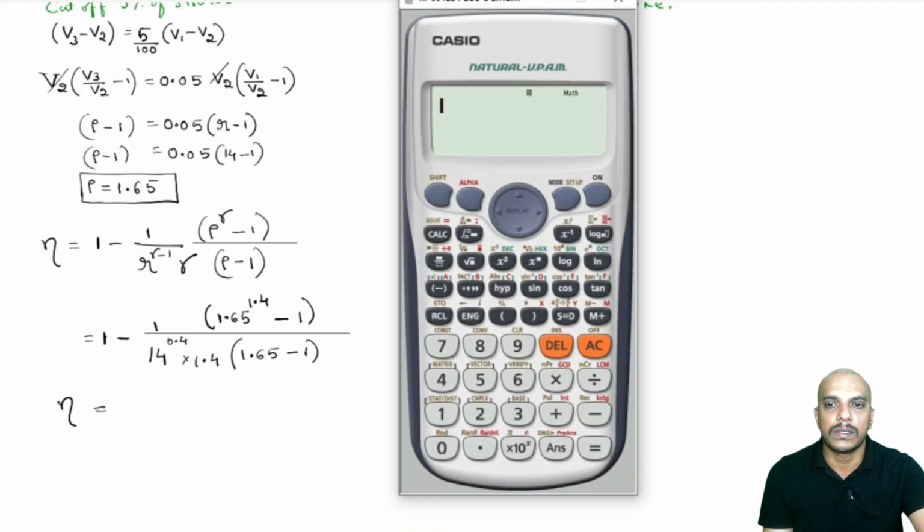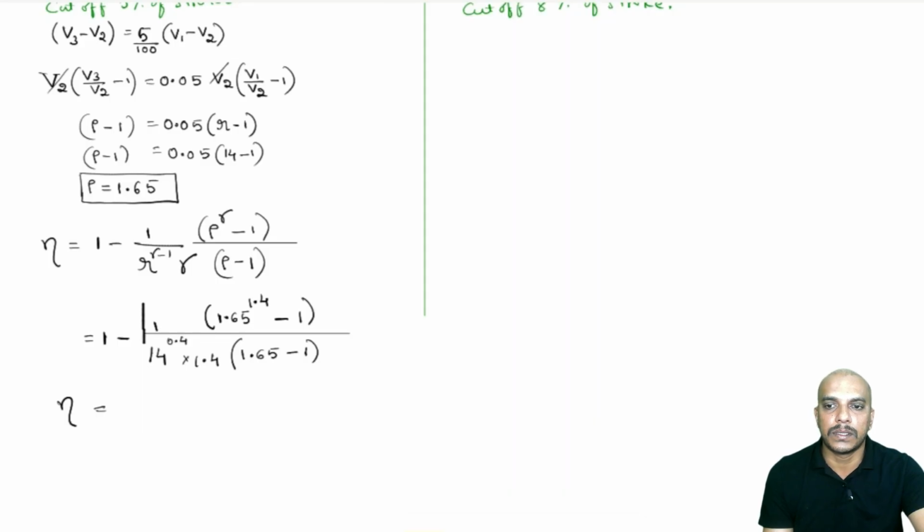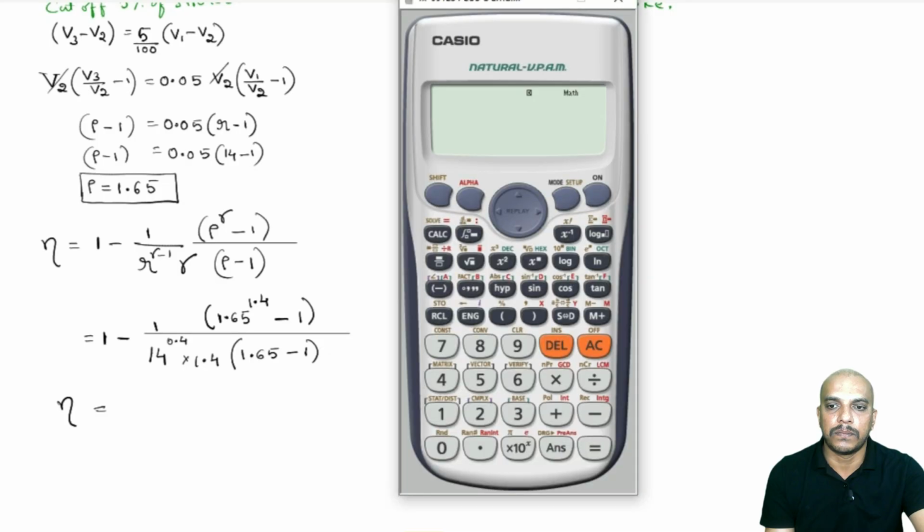Now, let us solve this. I will go with this portion first, then I will subtract that from 1. So, numerator, otherwise I will do it in a single shot, that is also okay. So, 1.65 power 1.4 minus 1.